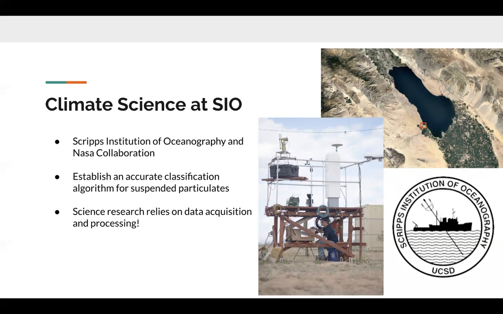In analyzing the data, you can get some really cool insights into how dust is interacting with the lower atmosphere, as well as how similar particulates will interact in similar desert regions. Here at Scripps, we are working in collaboration with NASA, and especially with a program called AERONET, the Aerosol Robotic Network.